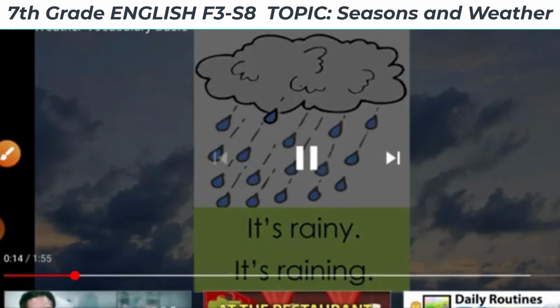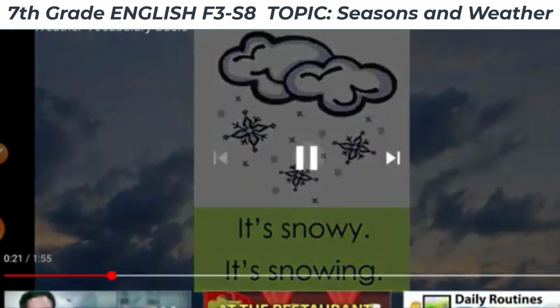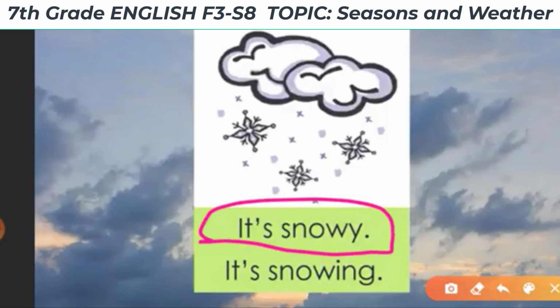Now, another example. It's snowy. It's snowing. Okay, attention here. It's snowy, yes? Está nevado, okay? For example, in the USA, when there's snow coming down in the winter, en el invierno, the snow comes, stops, comes again, así como la lluvia here in El Salvador, that rains, stops, and then rains again, okay?